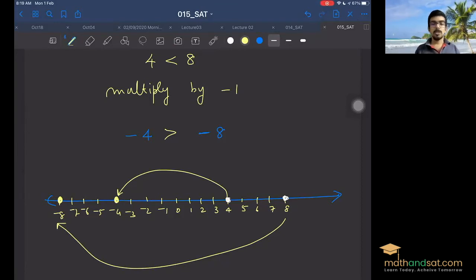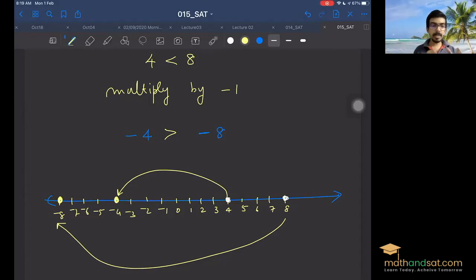Yeah, okay. So the summary is this. To solve a linear inequality in one variable, you follow the same approach you used for linear equations. The basic idea is to isolate the variable. If there are brackets, you have to expand the brackets. If there are like terms, you can combine the like terms.